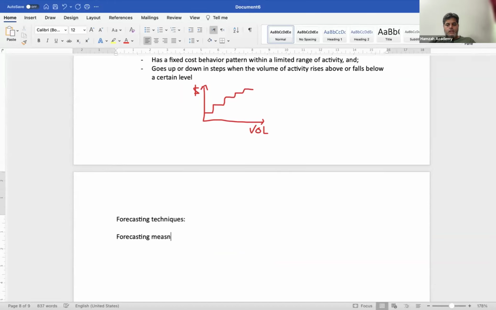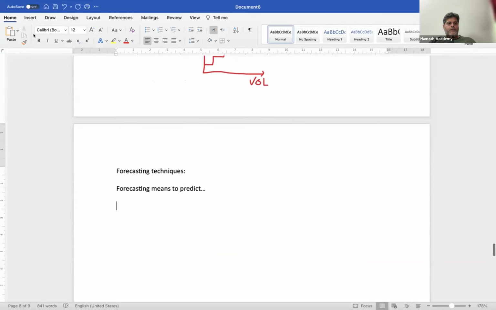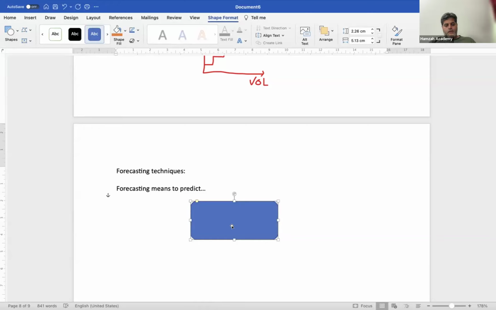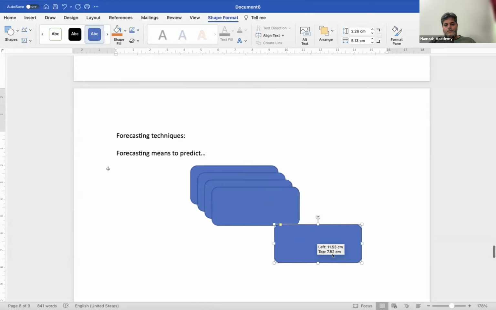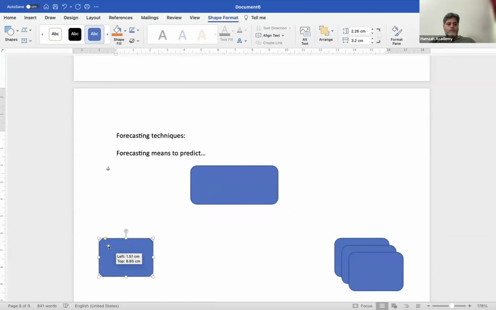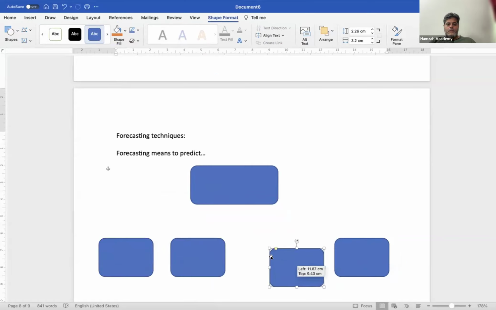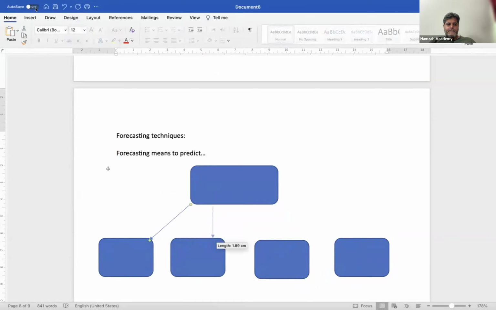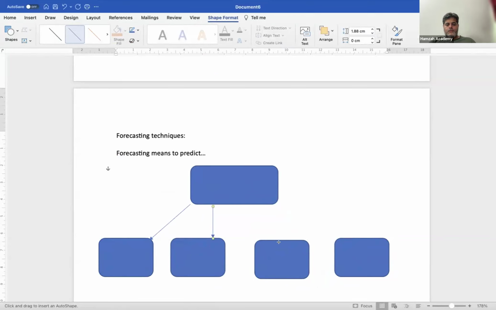Forecasting means to predict, and in the forecasting we are going to have these four areas which we are going to talk about.